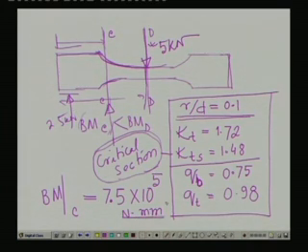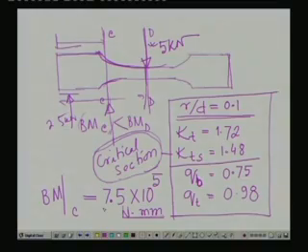Please look once again that you should keep these units: I am trying to put all the force units in Newton, all the dimensions in millimeter, thereby the stresses handled will have the units in megapascal. So, once we get this value of the bending moment, the mean comes out to be how much? 0.